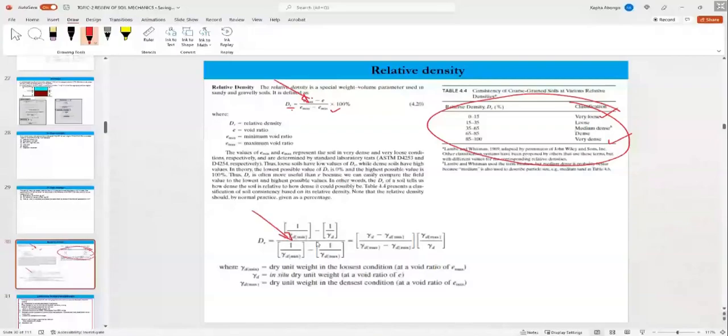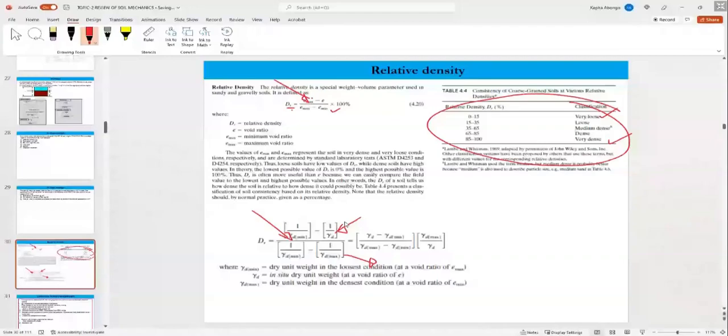At the dense state, it corresponds to the maximum dry density. And at its natural state, it corresponds to a certain dry density. So that can be defined in terms of dry density and also in terms of the void ratio.